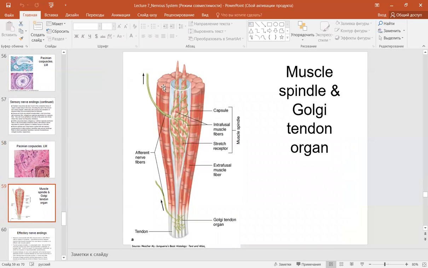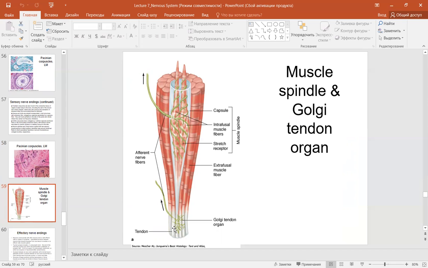Here you have the muscle spindle consisting of the intrafusal muscle fibers, small fibers surrounded with the axon terminal, sending the impulse of force of contraction or force of stretching.